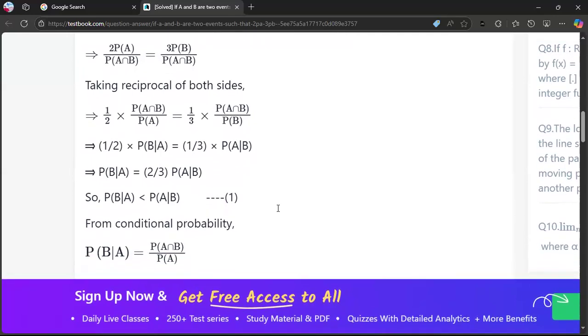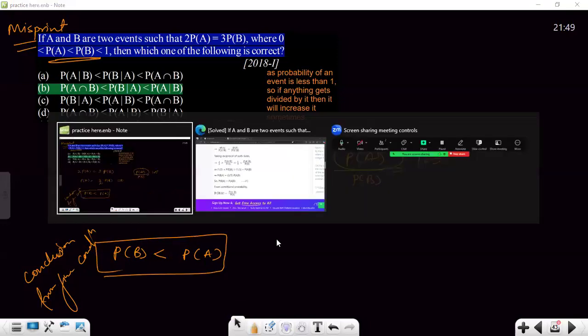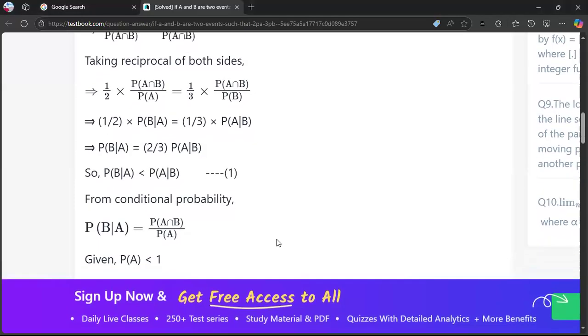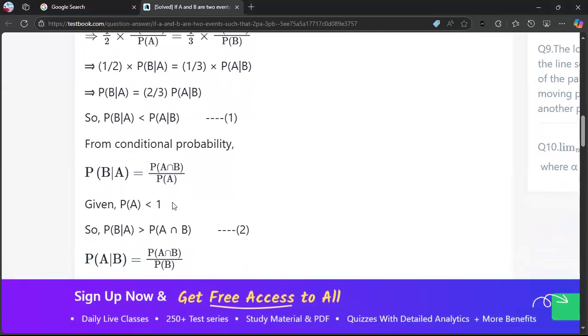Okay, I agree. If that is so, let us check whether we have made any mistake here. In this case, the probability of event A should be greater, then only it can become more than. Now from here, they have said that the probability of event A is less than 1.